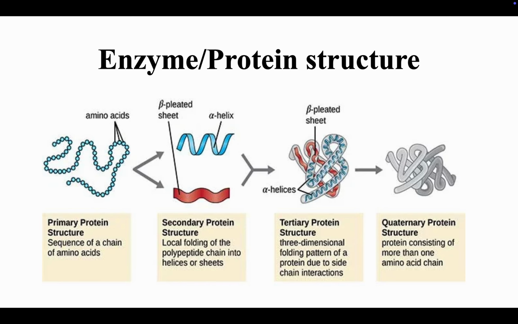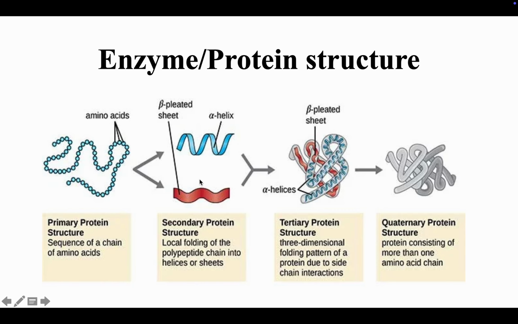Enzymes are mostly protein in nature, and these proteins have different levels of structure, like primary, secondary, tertiary, and quaternary protein structures. In the primary protein structure we have amino acids joined together by peptide bonds.